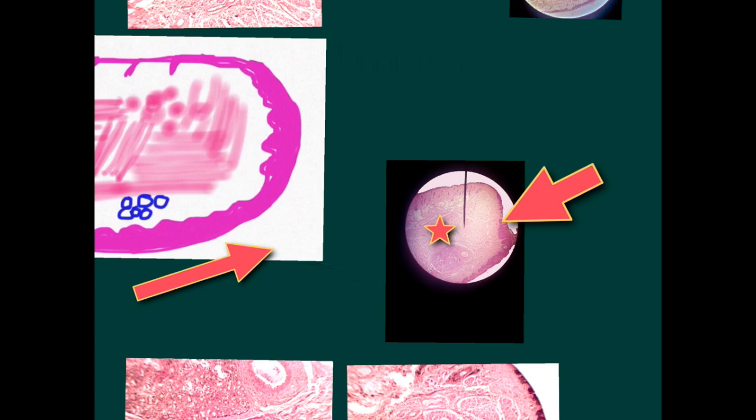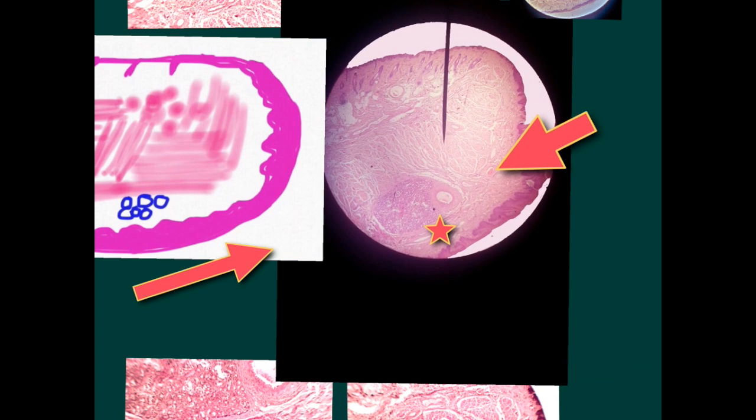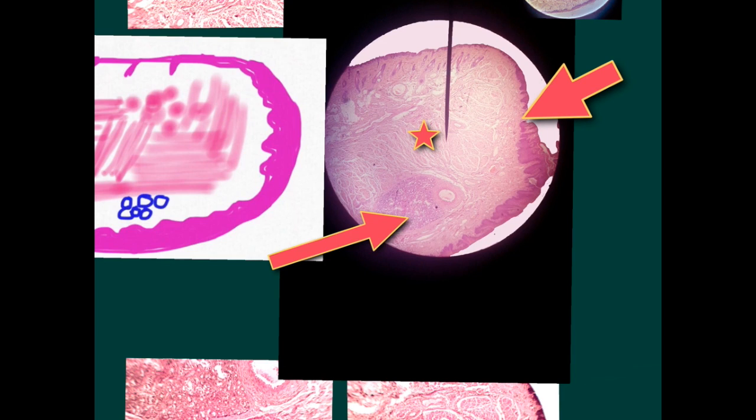This is the bulk of the muscle. Now, this is the margin, this is the bulk of the muscle, and this is the mucous pale blue glands, and here we have the skin side.